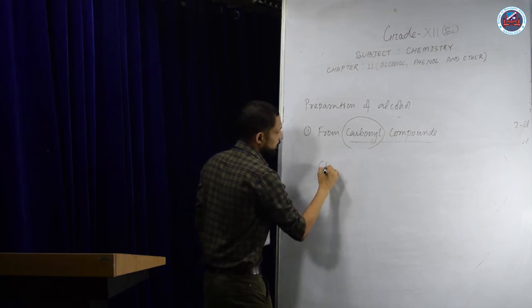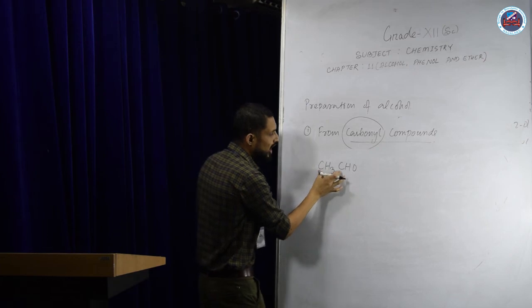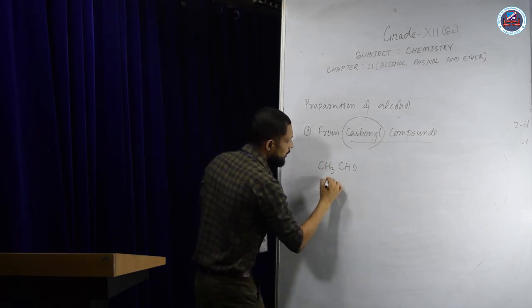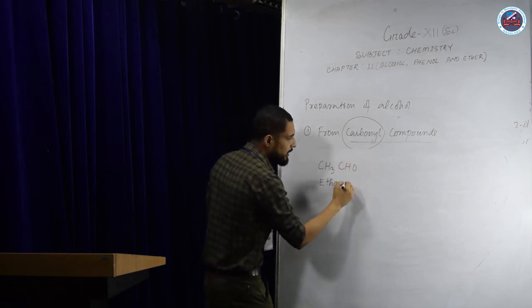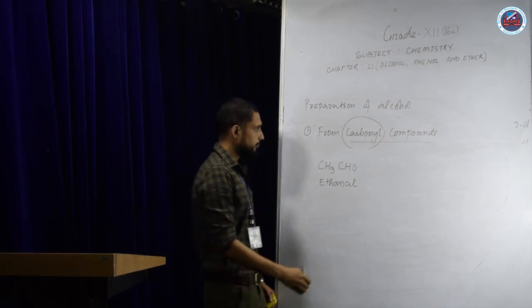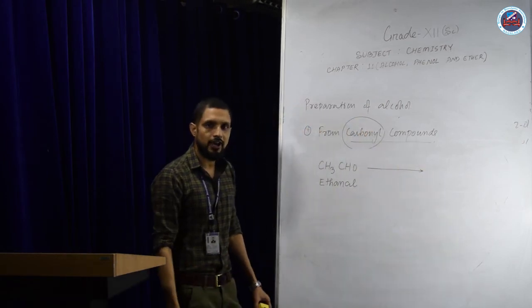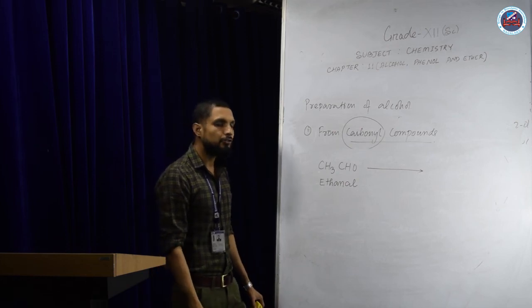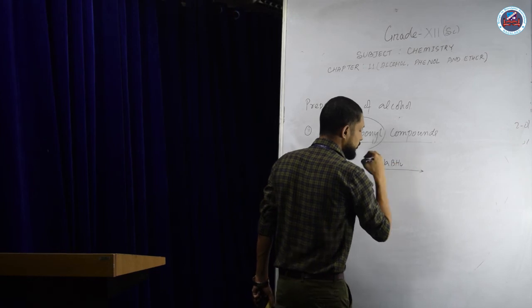So let us take this aldehyde, CH3CHO. Now you have two carbons, so the alkane name is ethane, ETHA and E. Since for an aldehyde E is replaced by Al, it is ethanal. It's going to be a reduction reaction, so we'll use a reducing agent. We can use sodium borohydride for this reaction.